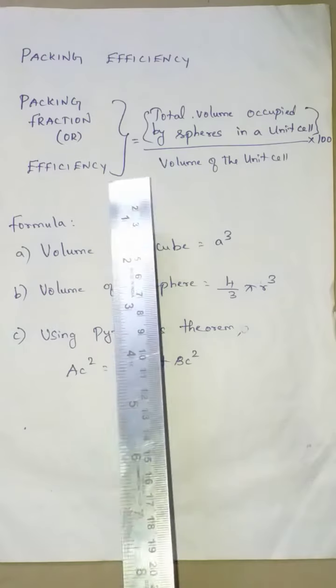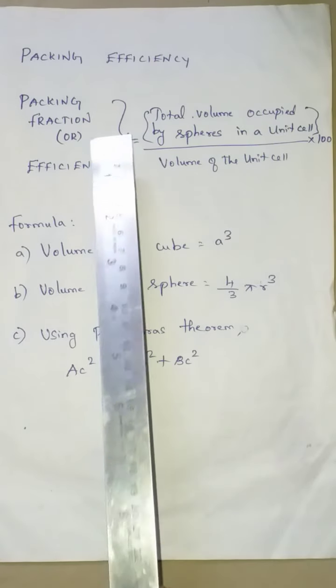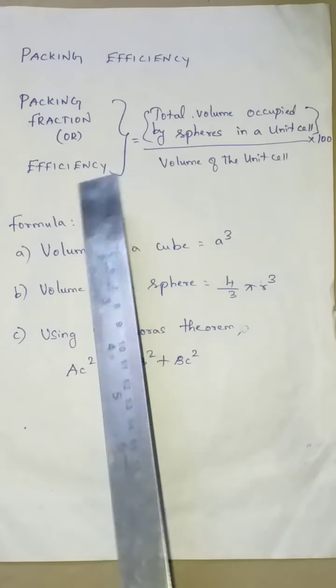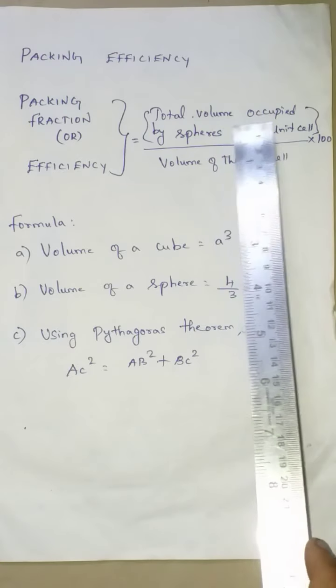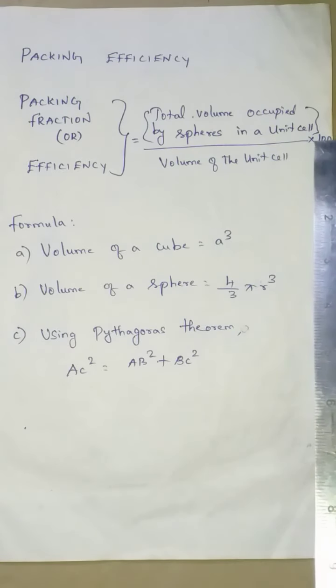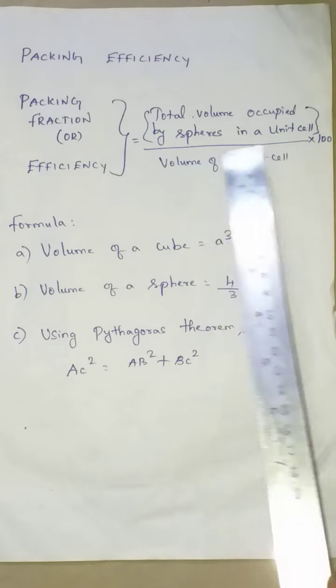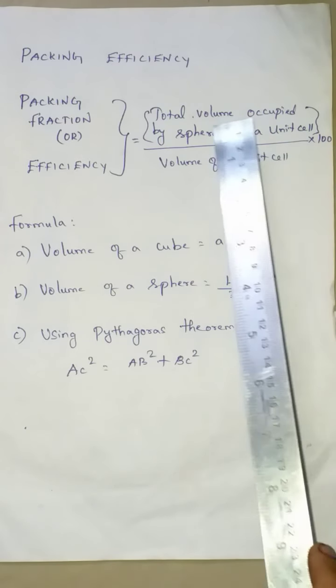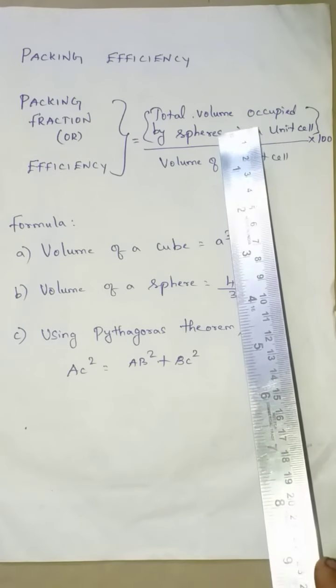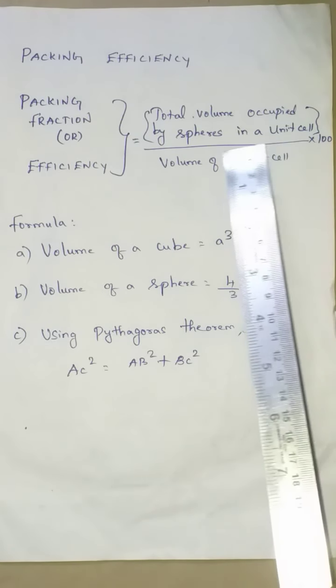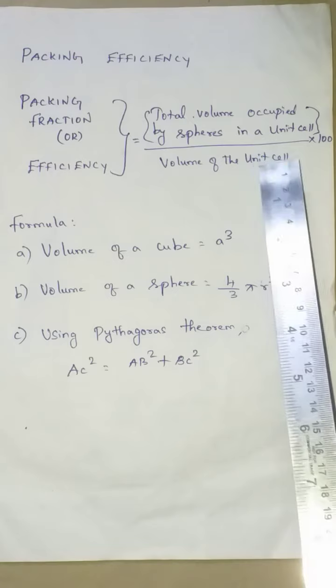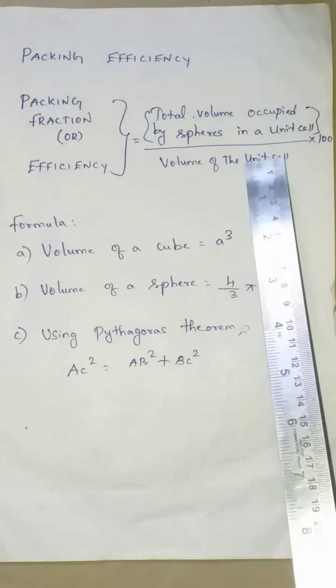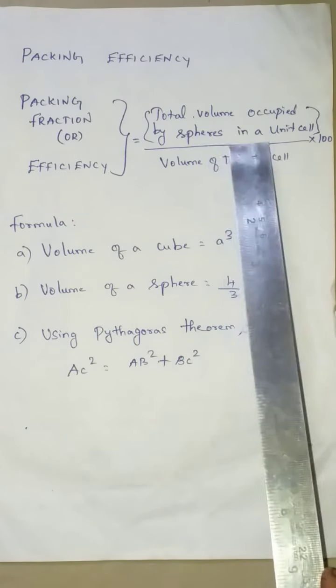The formula for calculation of packing fraction or packing efficiency is equal to the total volume occupied by spheres in the unit cell divided by the volume of the whole unit cell, multiplied with 100. Because the volume of the unit cell is entirely different from the volume occupied by spheres.